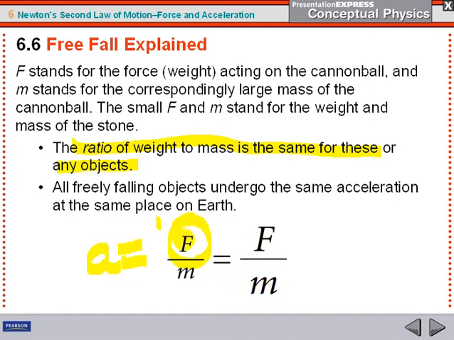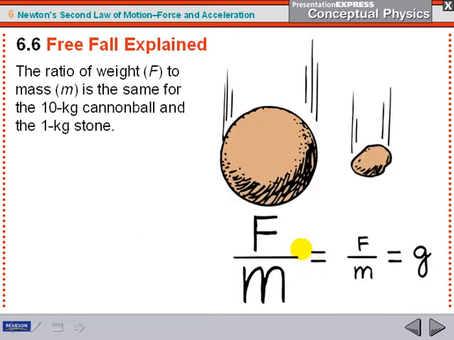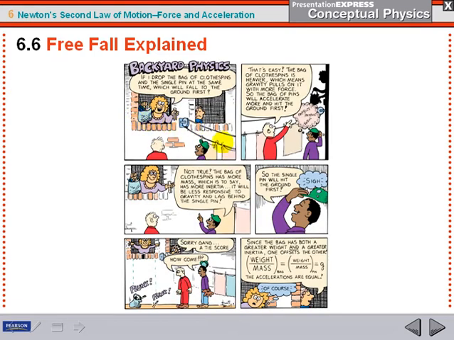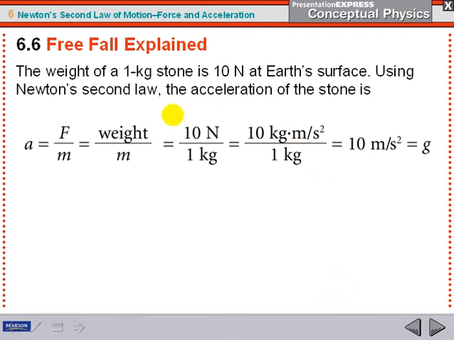So you can see that the small force over the small mass is equal to the 10 times greater force over the 10 times greater mass. So what he showed was that the ratio of weight to mass is the same. If you want to pause and look at this, you can, but I'm going to move on to the next part. Here's what he showed.